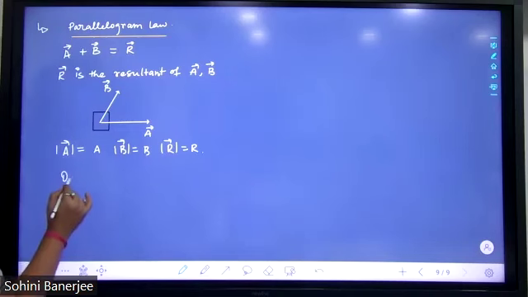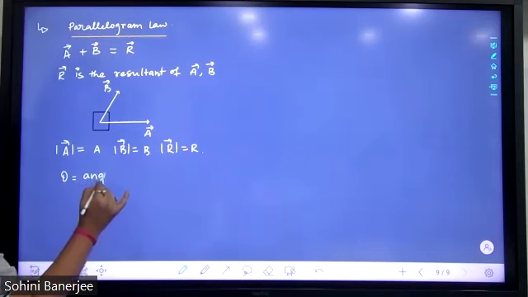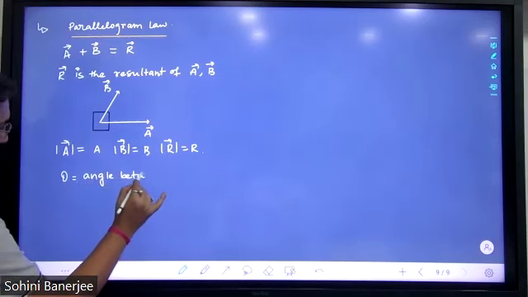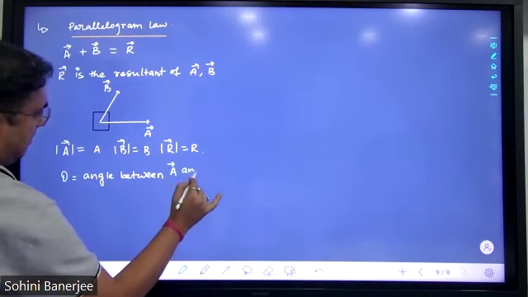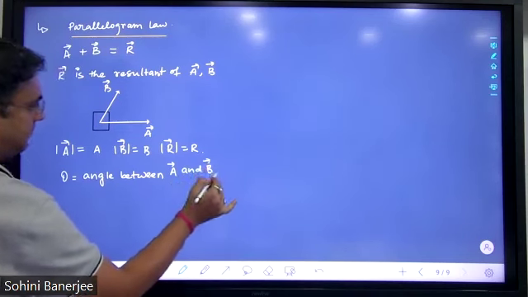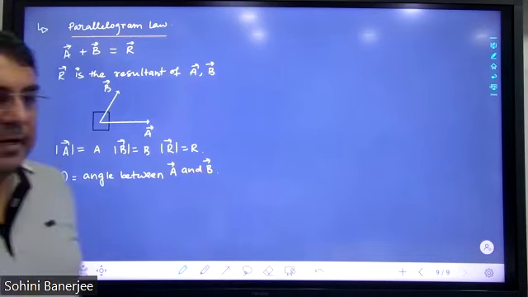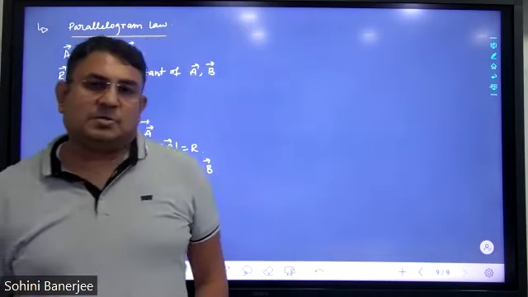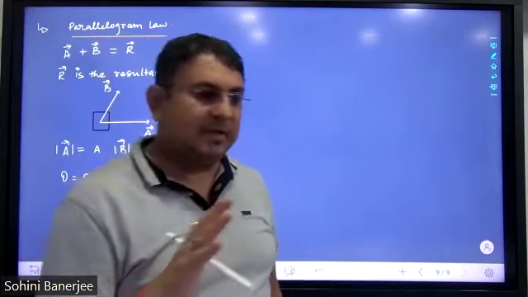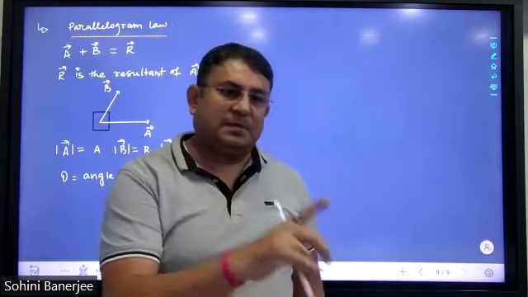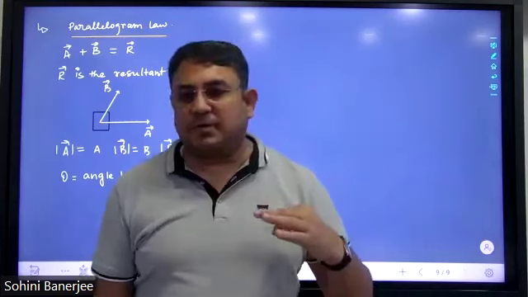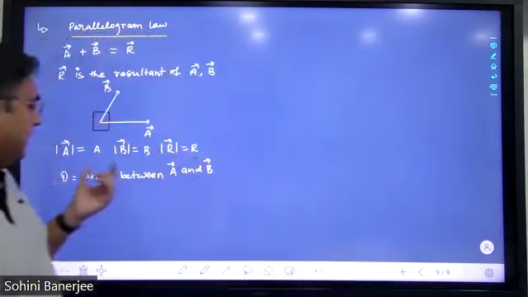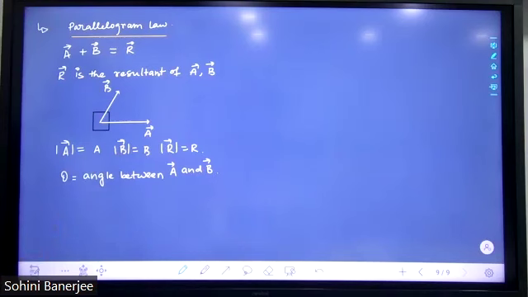Now theta is the angle between A and B. Clear? So three pieces of information are there with you. What are they? The magnitude of A, the magnitude of B, and the angle between the vectors, theta. The magnitudes of the individual vectors A and B, and the angle between the vectors. So we have to get the resultant out.